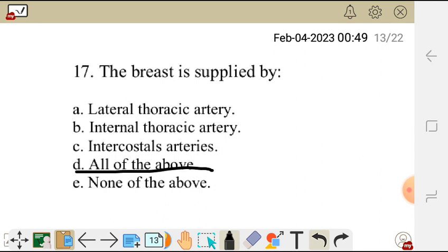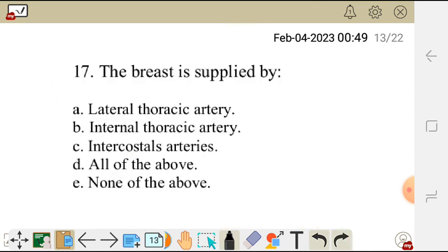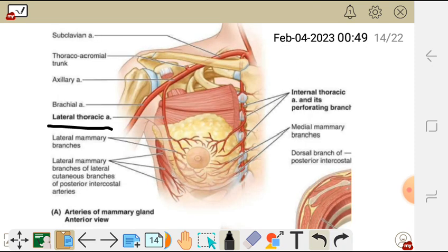All of the above are correct, because when you look at this picture here, you'd see that the laterothoracic artery, which is A, supplies the lateral part of the breast, and we also have the internal thoracic artery there.